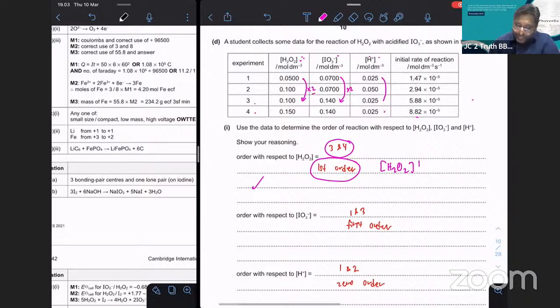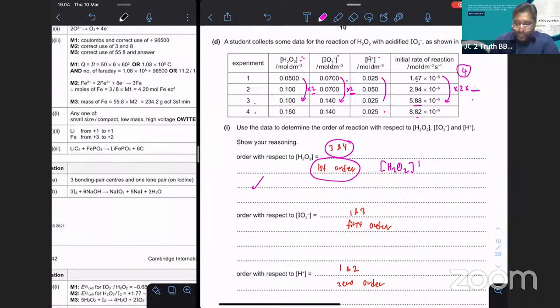So if it is times 2 from here to here, then there must be something over here which is only dependent on IO3. So if I times by 2, what is this number? In order to find out, you need to find 5.88 divided by 1.47. What will you get? I get 4.